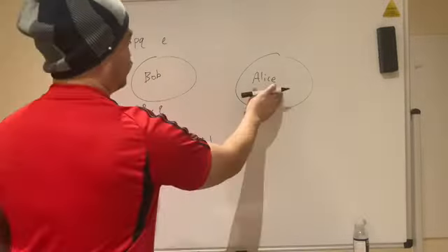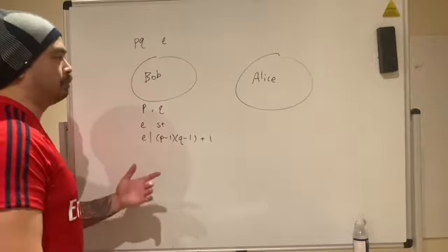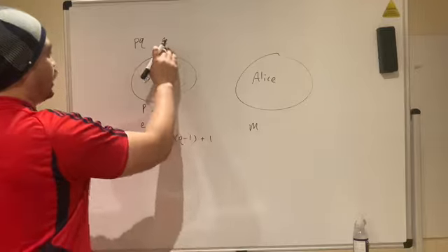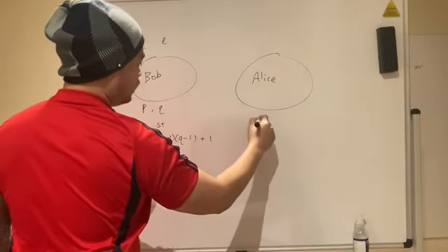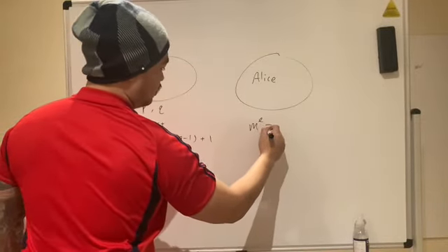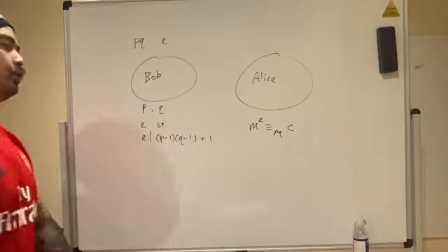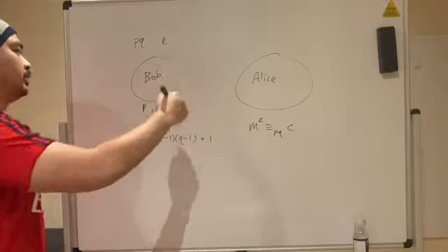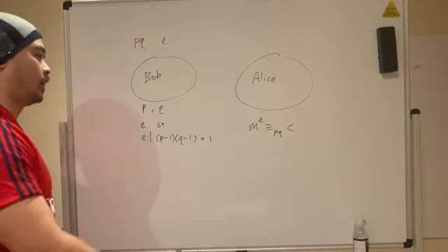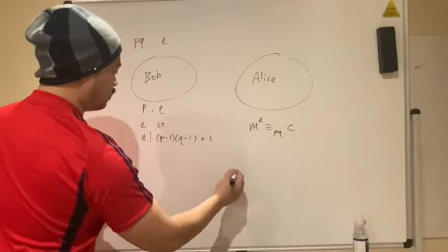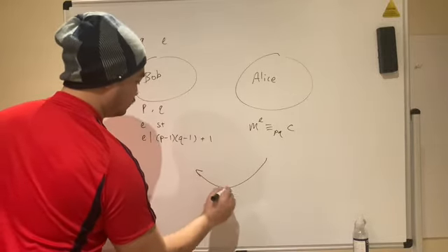So Alice will take these two numbers and she'll take a message M and raise it to the power of this number E, take it congruent modulo PQ. That will give her a coded message C, which she can send securely to Bob, and Bob can receive this coded message.